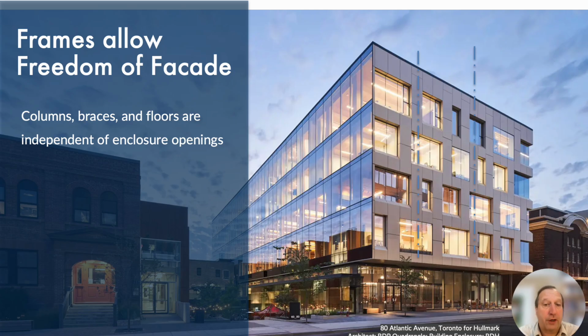And modern architecture often integrates the concept of pulling the building enclosure forward of the structure by maybe 200 millimeters so that you can actually have the enclosure pass right over the columns and beams. And again, that enhances that flexibility architecturally of what the facade looks like and where it has its openings.